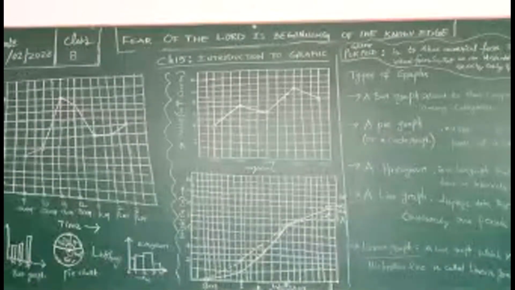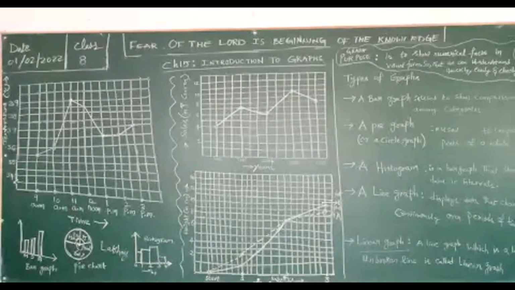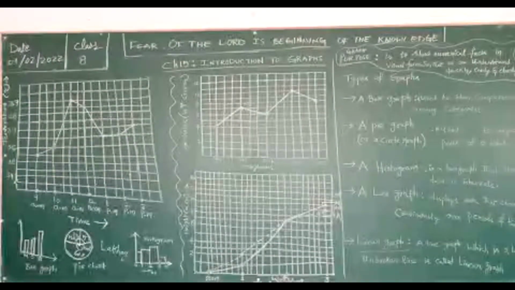I think the clarity is good now. Let me check once again myself. If clarity is good, we'll move forward. If clarity is not good, we are not going to move forward.